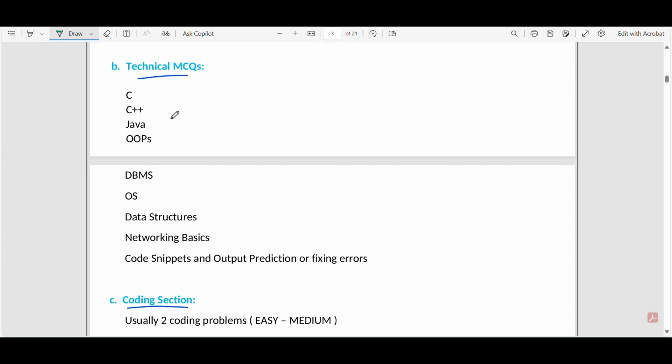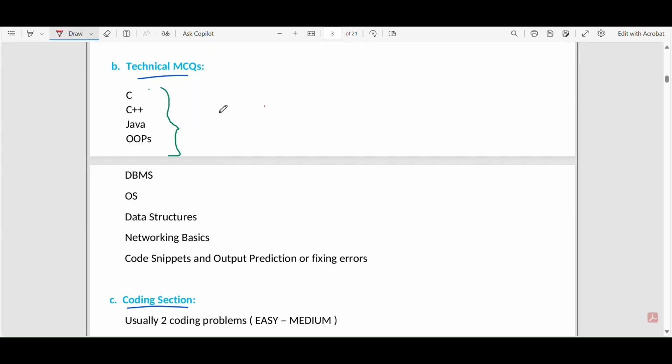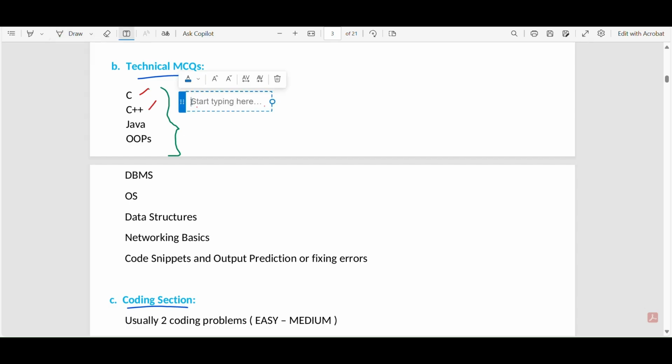Next we are having technical MCQs. In technical MCQs, we are having many programming languages like C, C++, and Java. We'll be having Python too. There will be questions on C, C++, Java, and OOPS concepts.